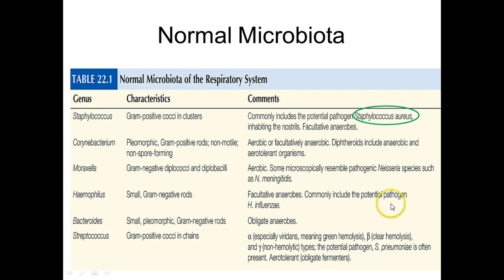It's the ones that are potentially pathogenic, like Staphylococcus aureus, that we, of course, worry about, and some of them that have the ability under certain circumstances to be pathogenic. Right, so lots of potential pathogens.